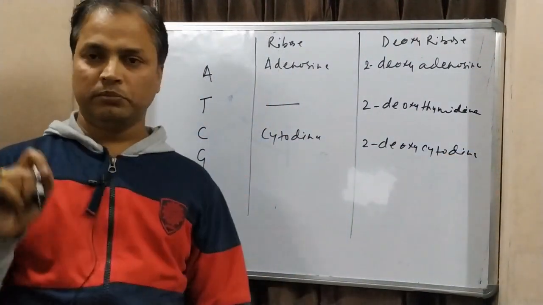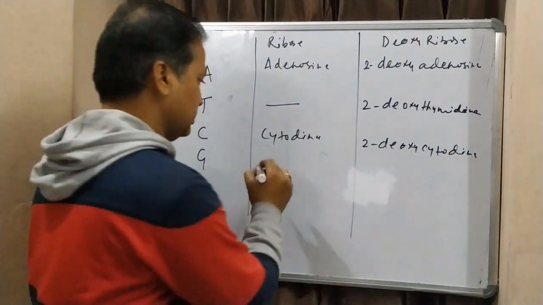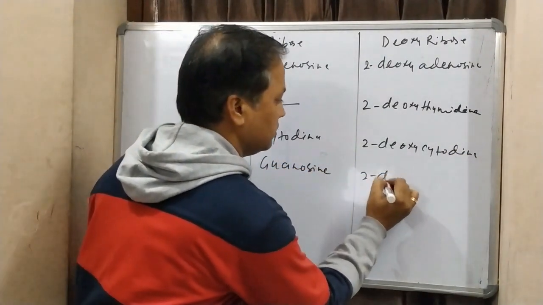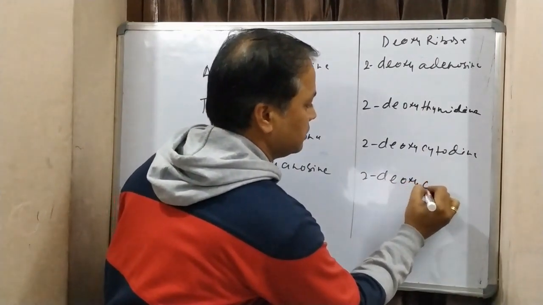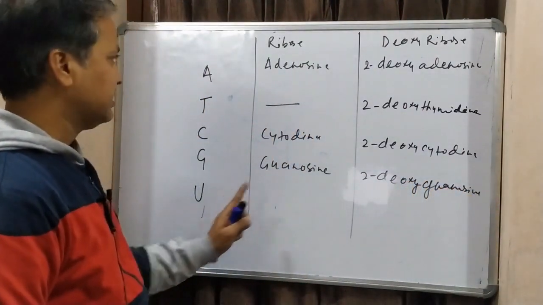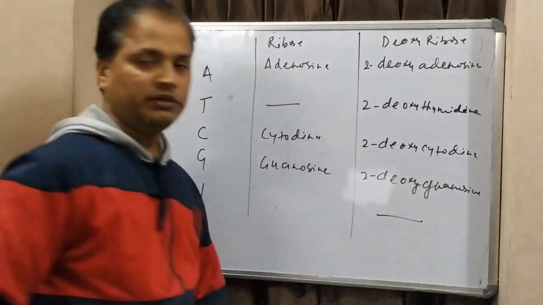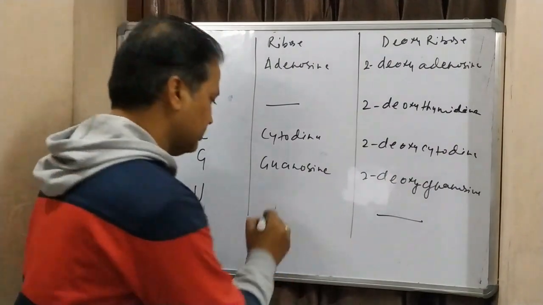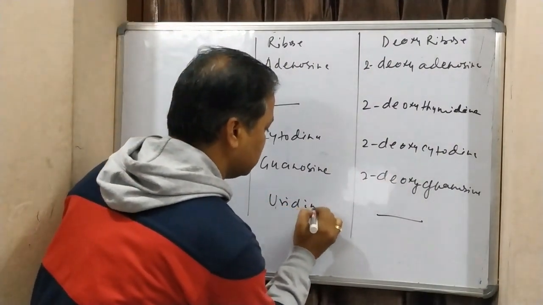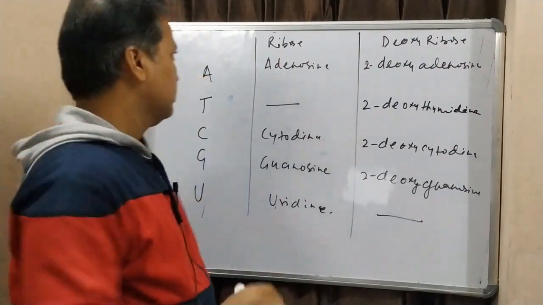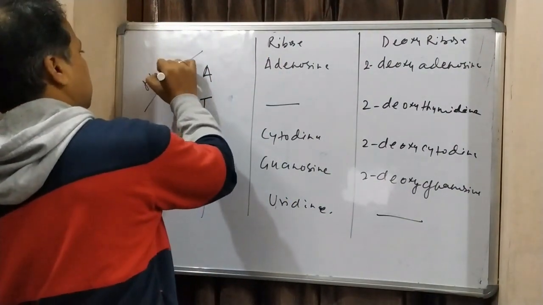Guanine is also present in both places, so we'll have guanosine and 2-deoxyguanosine. Uracil is not present in DNA, it is absent there. Uracil is present only in RNA, so you will have uridine. Now this is the nucleoside.